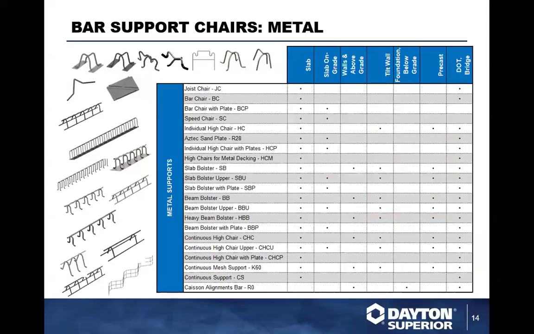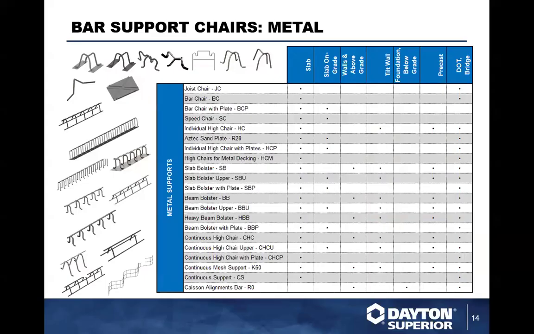Metal bar supports, now we're talking old school. Metal bar supports have been around since the 1950s, I believe. They come in a wide variety. We have set plates for sand bases, plastic tip, plastic dip, slab bolster upper, and continuous high chair upper.